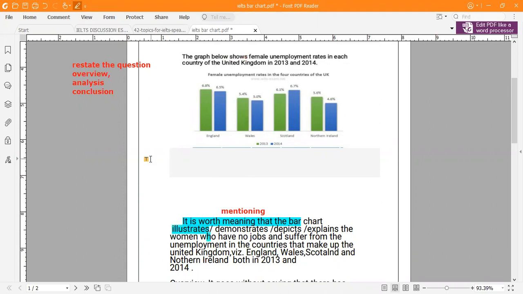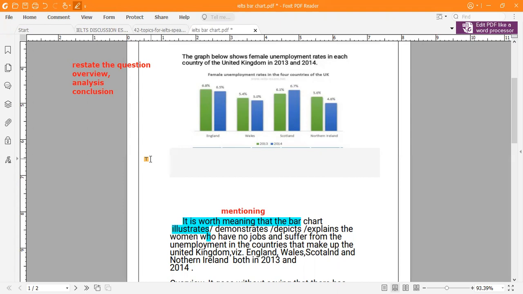It is worth mentioning that the chart below illustrates, demonstrates, depicts, explains information about, reveals. Just use any other word other than show. You can use other words. So I wrote here 3 or 4. Just try to memorize. If you want to memorize them all, it's okay. And if you want to memorize maybe 1 or 2, that's fine.